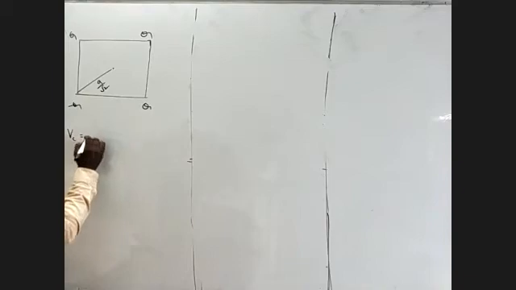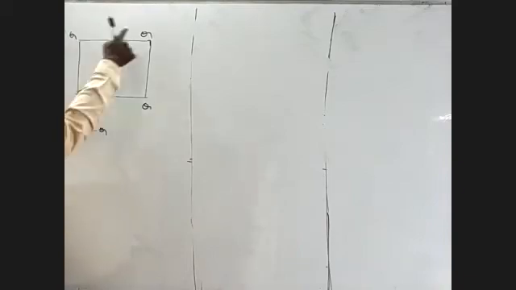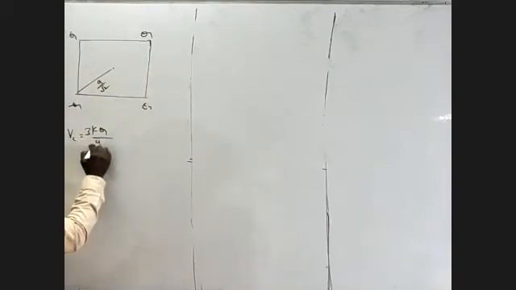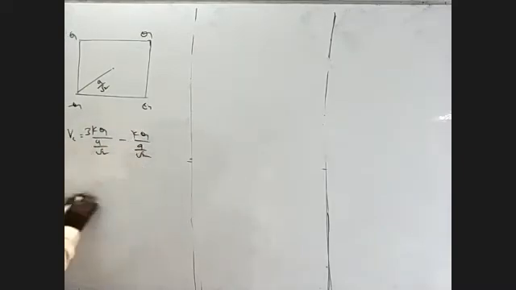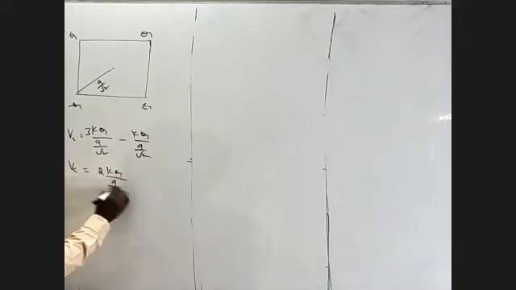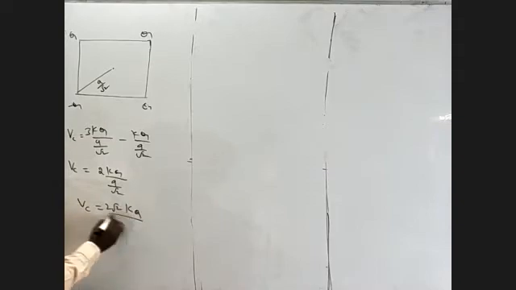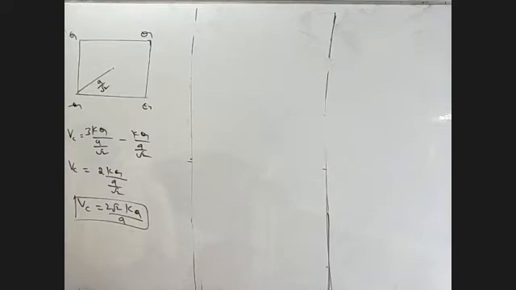So VC is equal to KQ, 1, 2, 3, that is 3 KQ by A by root 2, minus KQ by A by root 2. So VC is equal to 2 KQ by A by root 2, which is VC equal to root 2 KQ by A. That is your answer. Okay, next model.